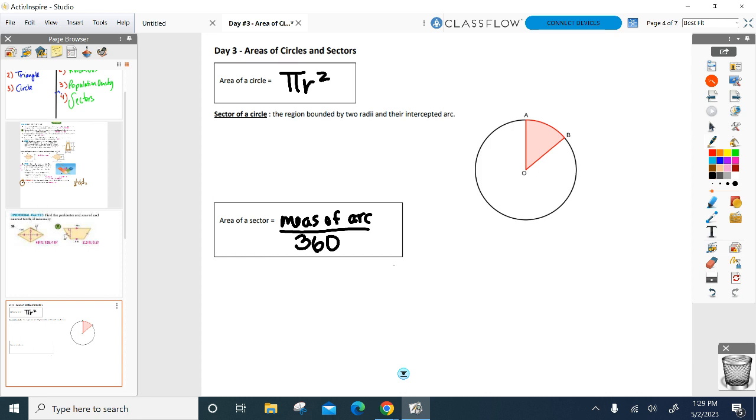Measure of the arc over 360. If you want to finish it, you can, or if you remember what it was for. Nothing, huh? Will? 7th period knew. Just throwing that out there.